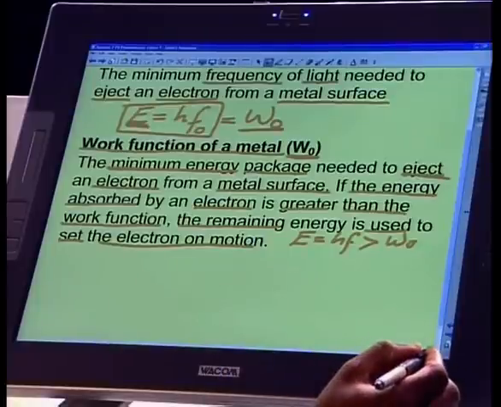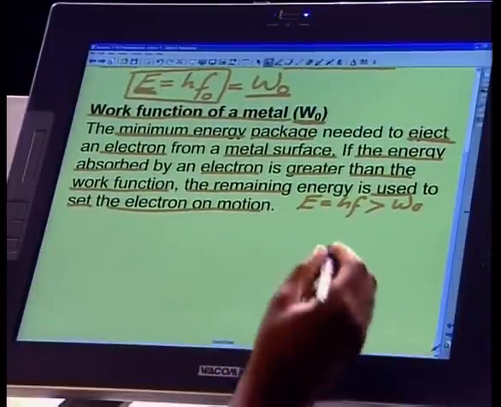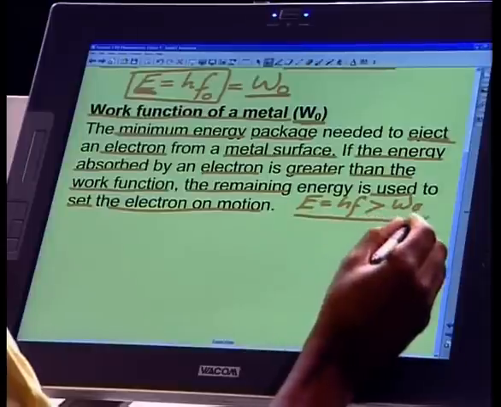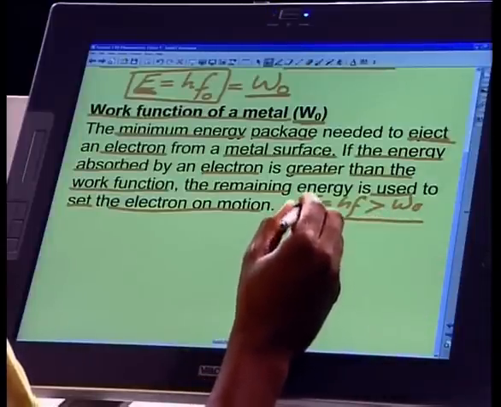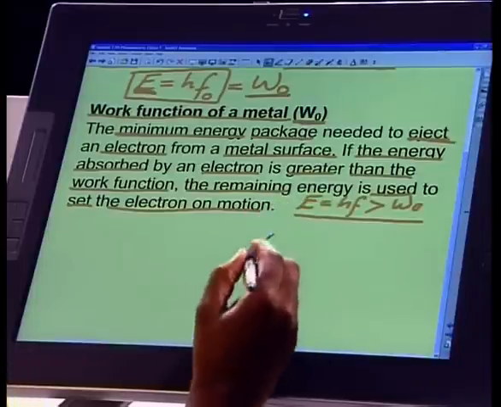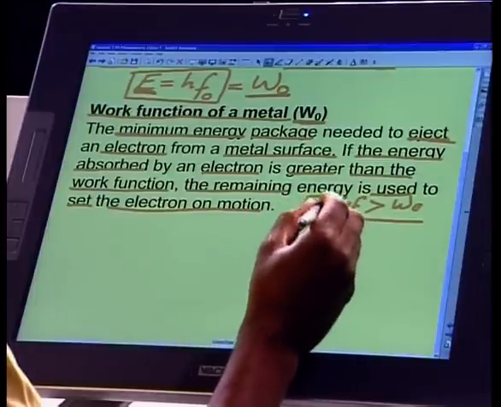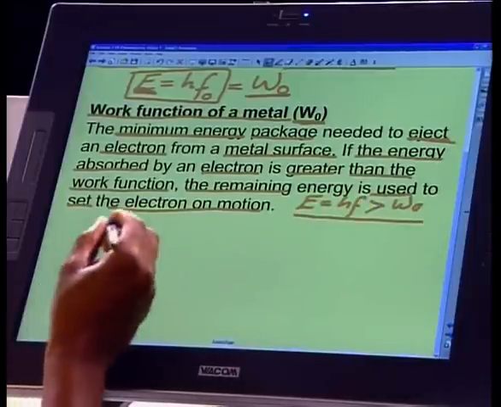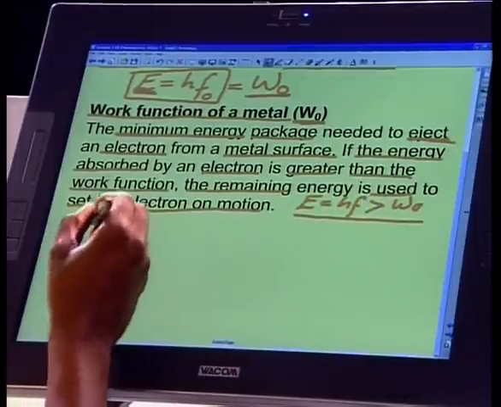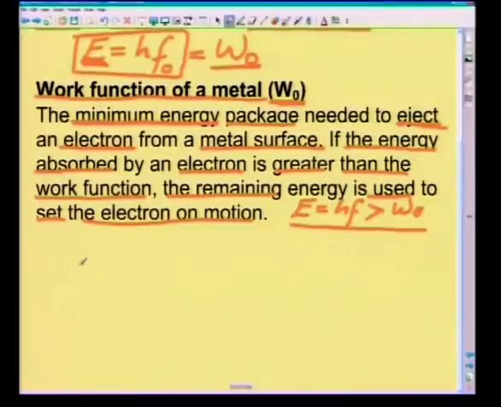Now, I need to explain this further. If energy that is brought in by the photons of light, so this is the energy of the photon, which is given by hf, is greater than the work function, so you have a situation where you have got a metal surface.